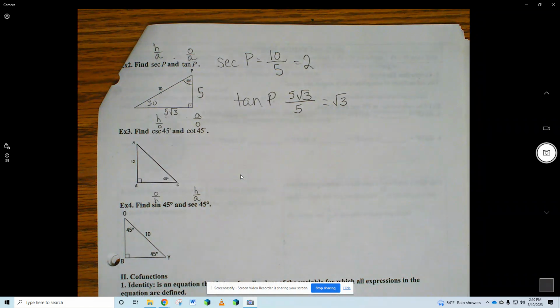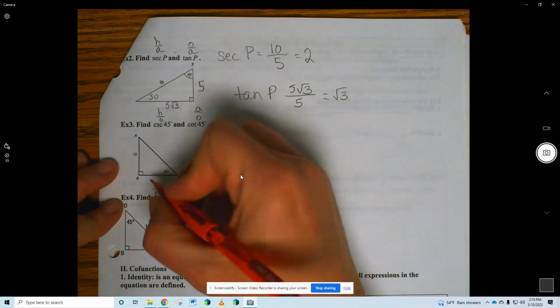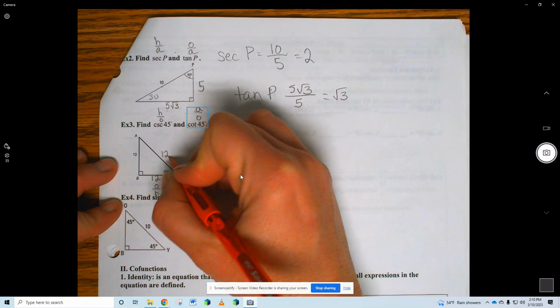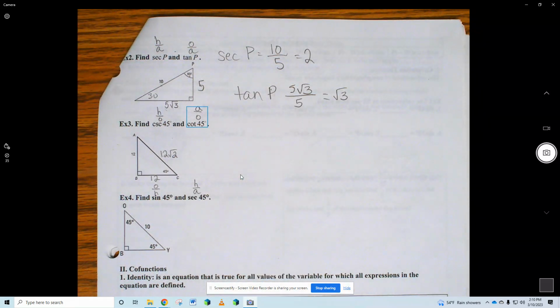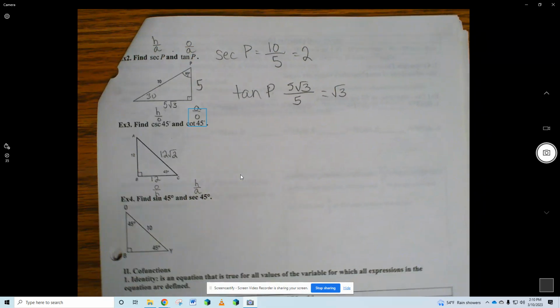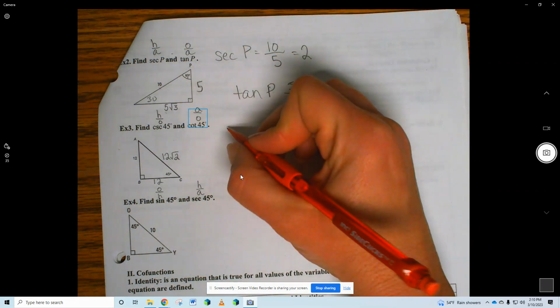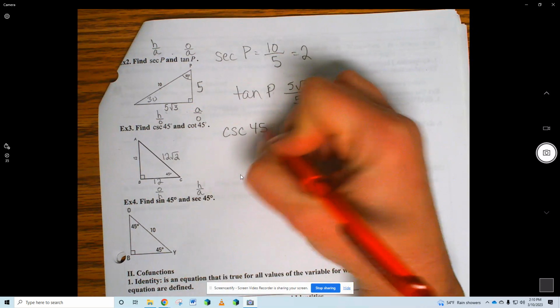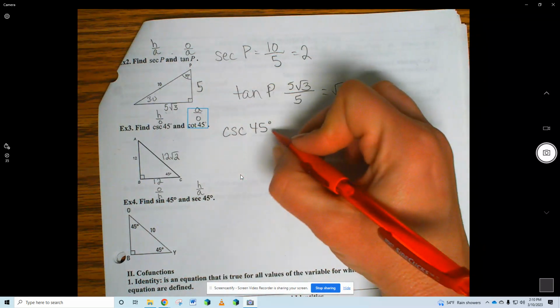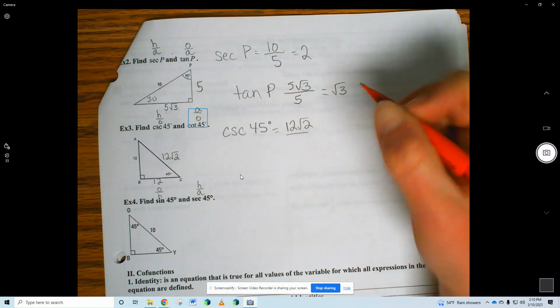Okay. Cosecant of 45. Well, on example 3, I have to finish the triangle. I have to finish the sides. 12, 12, 12 rad 2. Then cosecant is going to be hypotenuse, so 12 rad 2, over opposite.